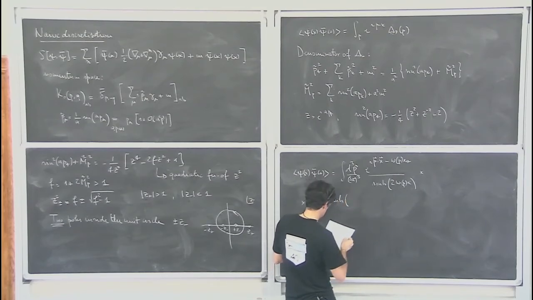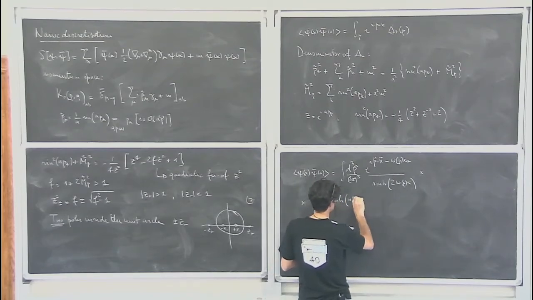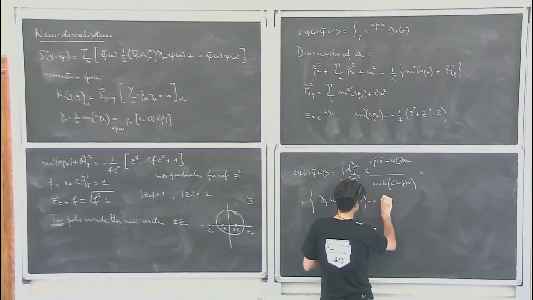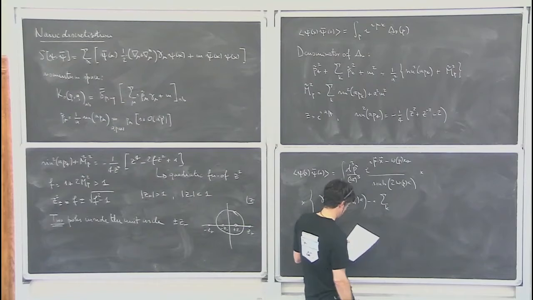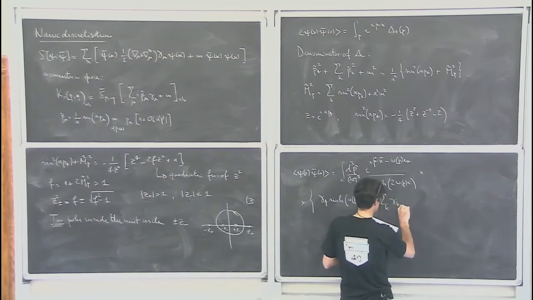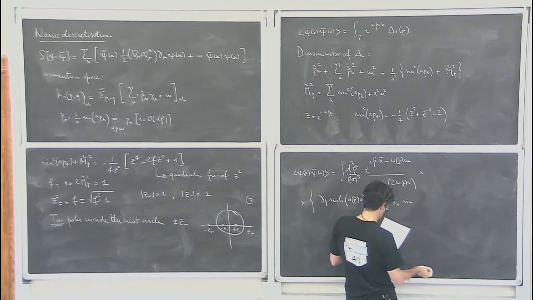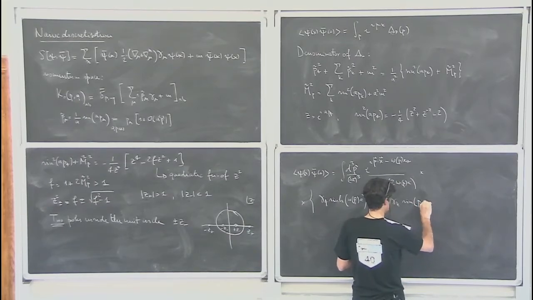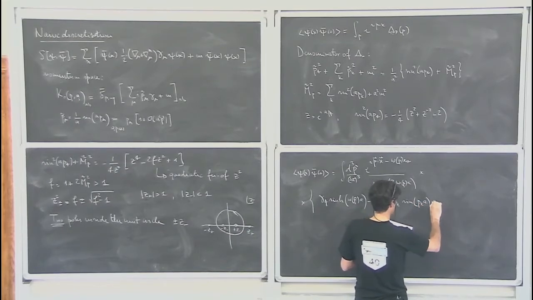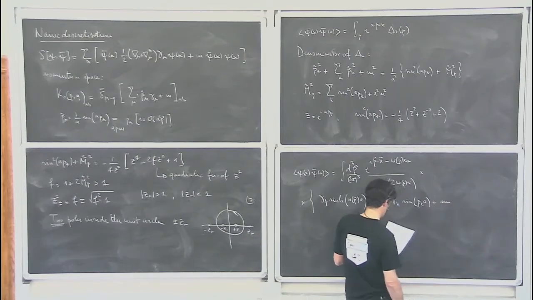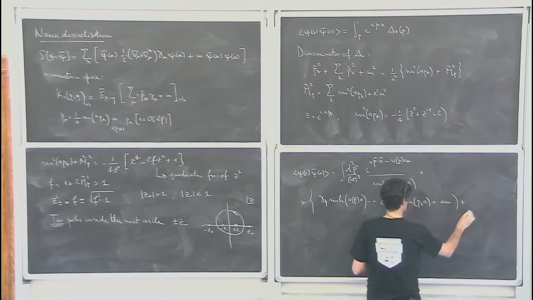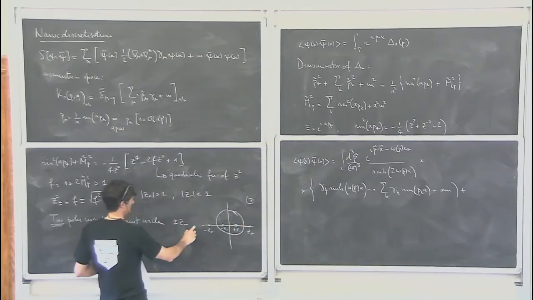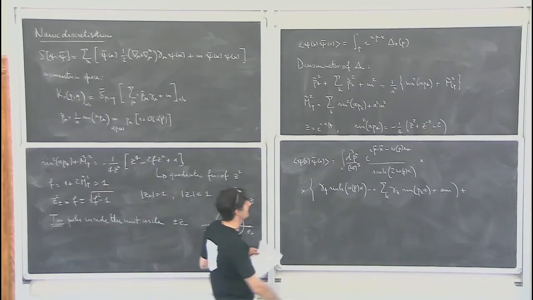So we have a sinh of omega_p a minus i, the sum over k, gamma_k, we have a sine of p_k a plus am. So this is the contribution from the first pole.